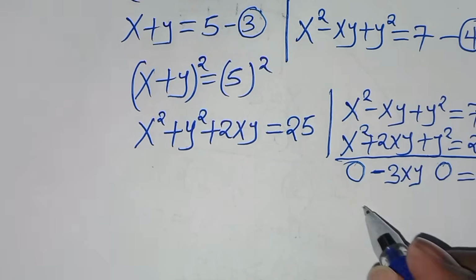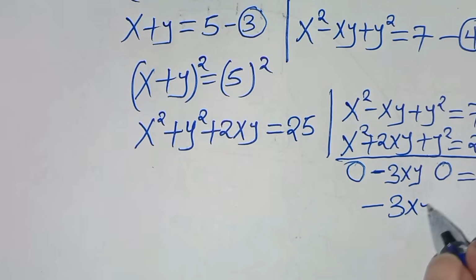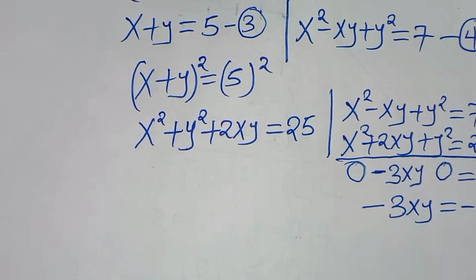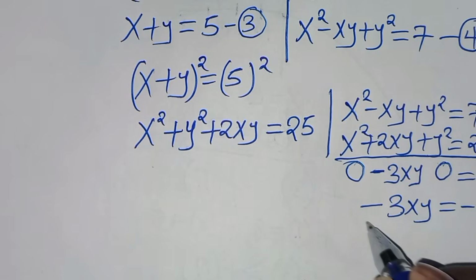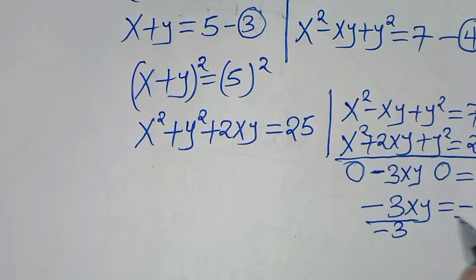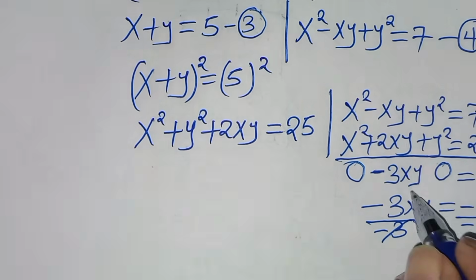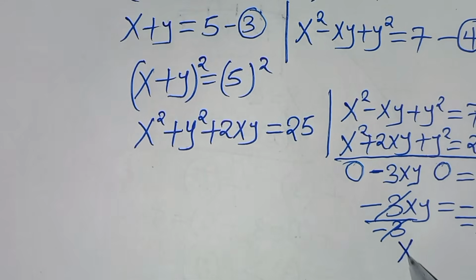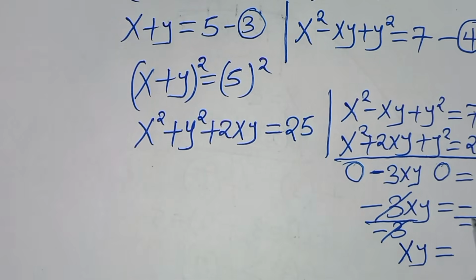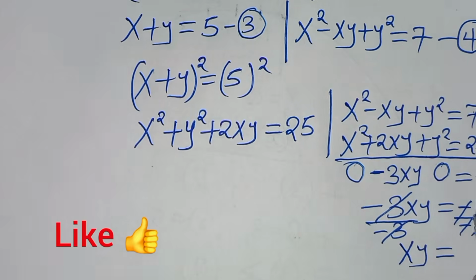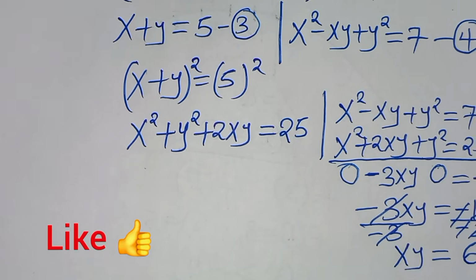This implies that here we have minus 3xy equal to minus 18. So let's divide both sides by minus 3. So that now here we have xy equal to 18 divided by 3, which is equal to 6. So xy is equal to 6.